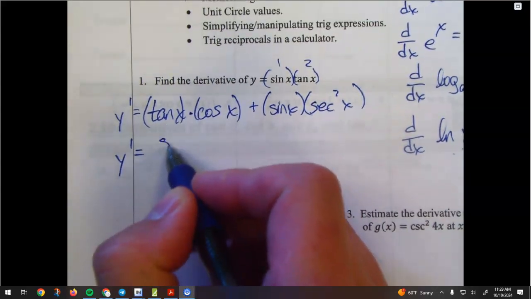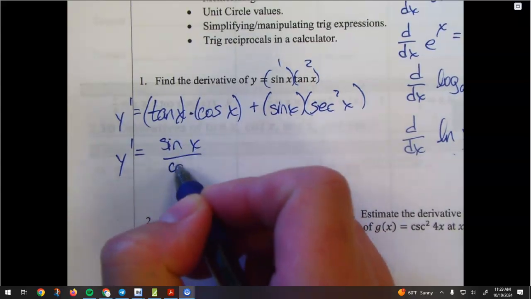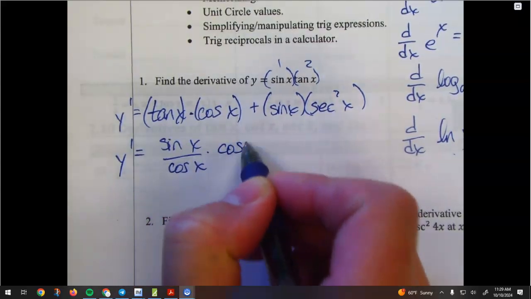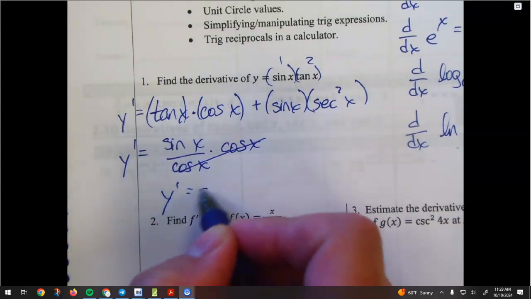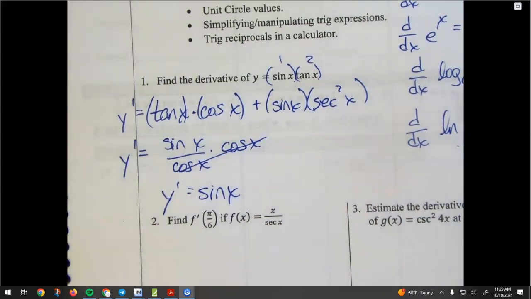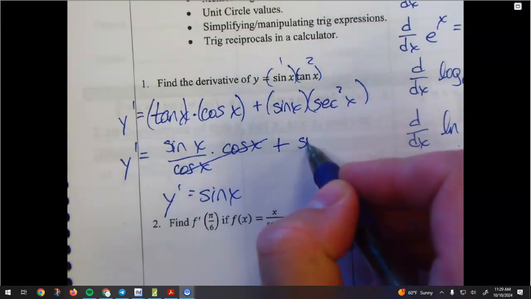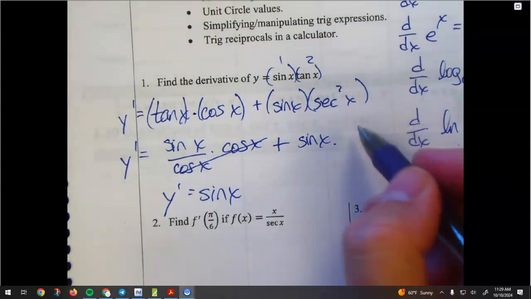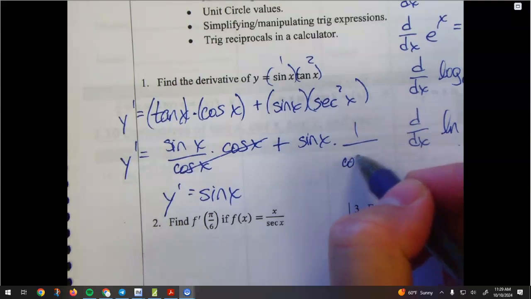So tan is sine over cos. I'm multiplying it by cos, so right away that part is just sine. Plus, and then over here I have sine, and secant is 1 over cosine.